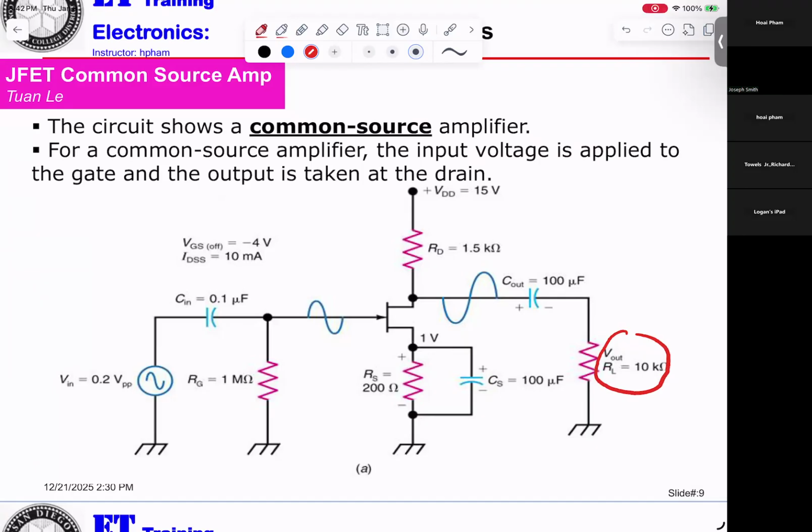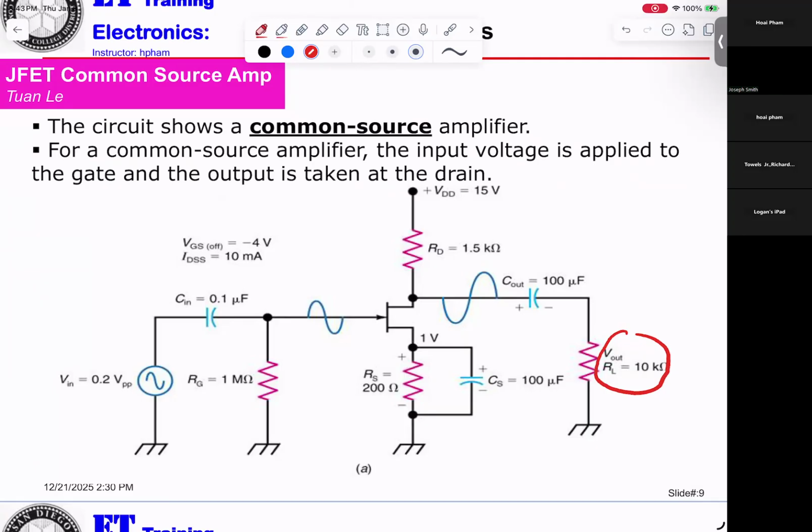Which one? Self bias. That's what I want you to understand when you're looking at the circuitry.